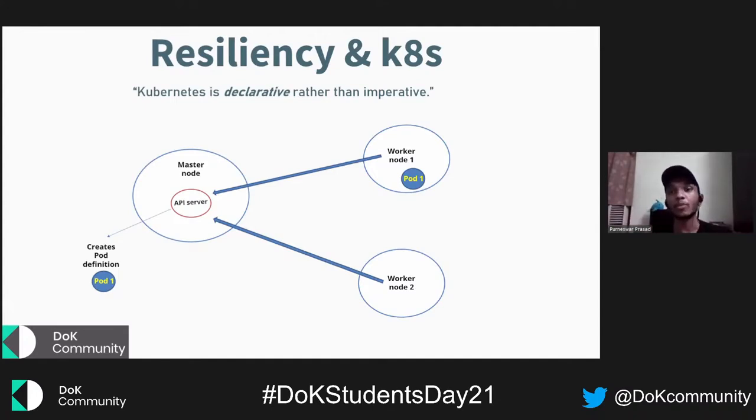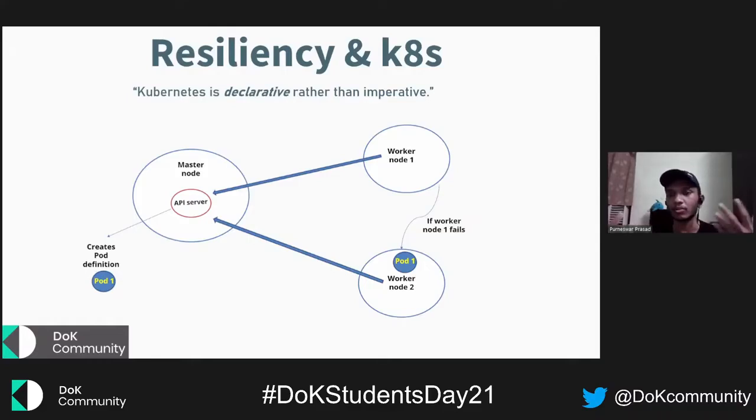Now, there can be a problem, as in the lizard example, if the tail gets cut. Similarly, in Kubernetes, if the worker goes down, then the tail regrows. It always sees that the heart is running, and the heart says that we need the workload or the application to run.